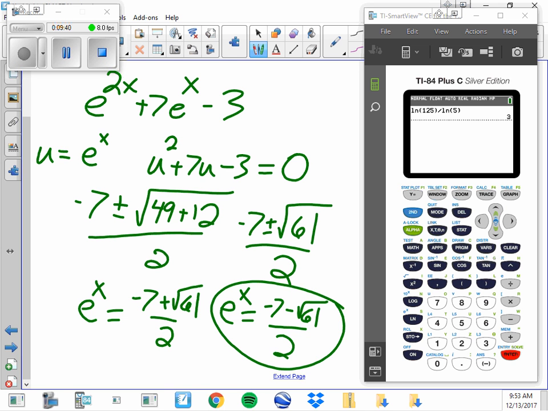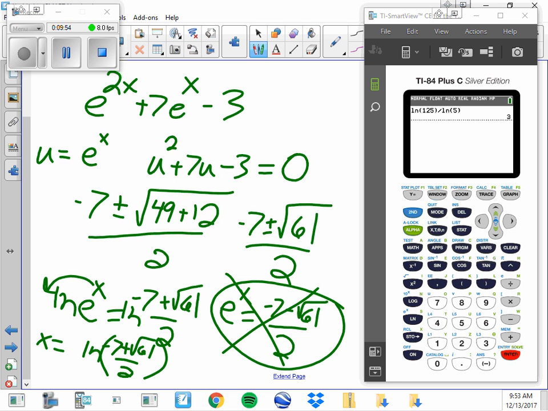That one you can throw out. So this one, you just ln both sides, drop the x, and we get x is the ln of negative 7 plus the square root of 61 over 2. And that's the exact answer, and you plug it in your calculator to find the approximation. Okay.